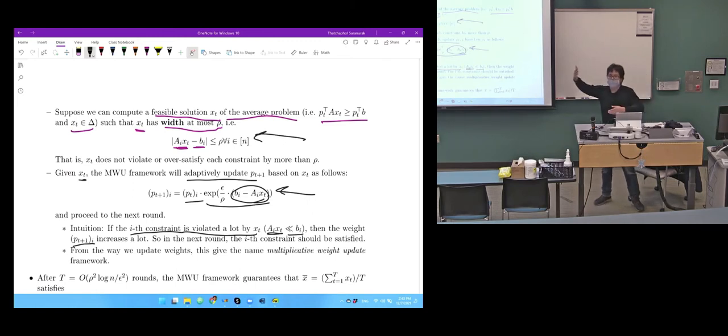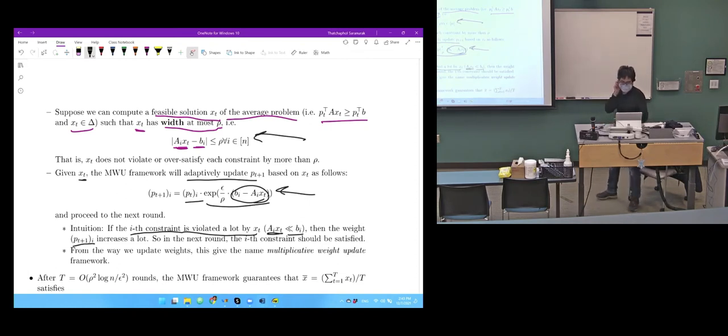In the next round, you put more importance on this constraint. So it makes sense that in the next round, the ith constraint shouldn't be violated by too much again. That makes sense, and actually it works.